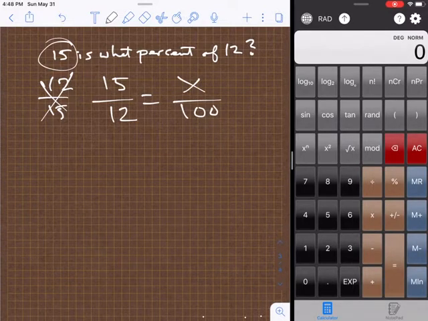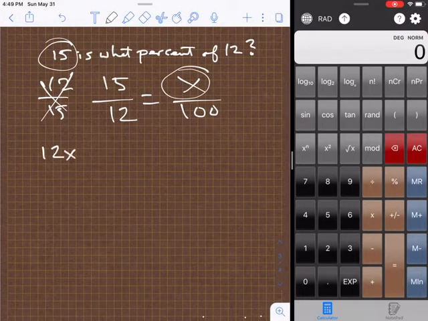So if you can get this set up, some part of you should register that, okay, 15 is bigger than 12, which means that I'm going to get a number that's bigger than 100. So it's going to be more than 100%. So it's going to be, you know, a certain amount. And then some of you might, and well, I'm going to do the problem first, and then I'm going to come back and I'm going to show you how I would do this in my head.